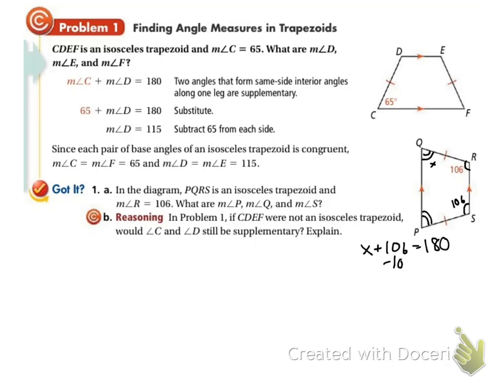So I can subtract 106 from both sides. So I get that X equals 74. So if this is 74, since these are congruent, I know that this one is also 74. There we go.